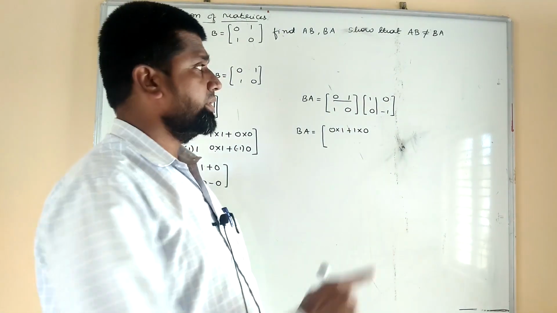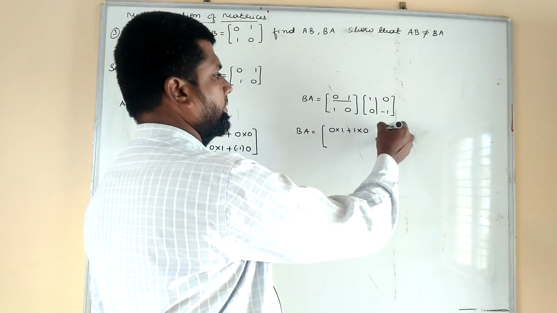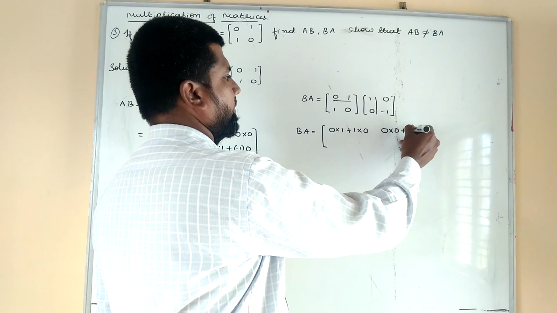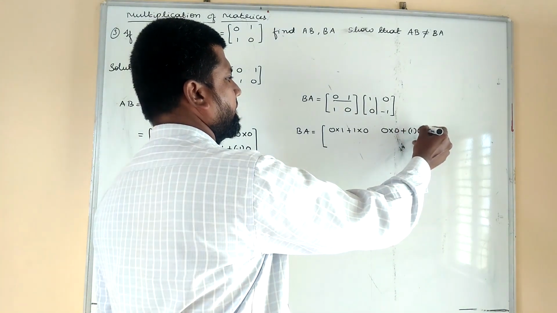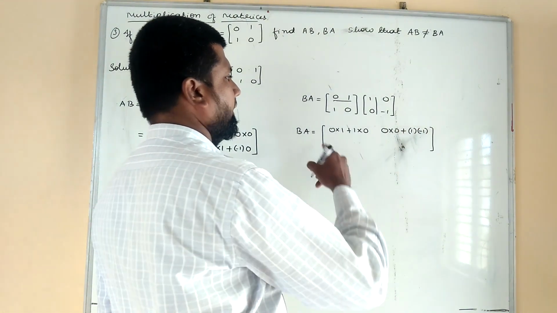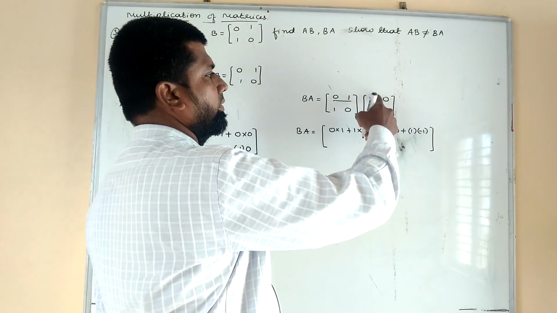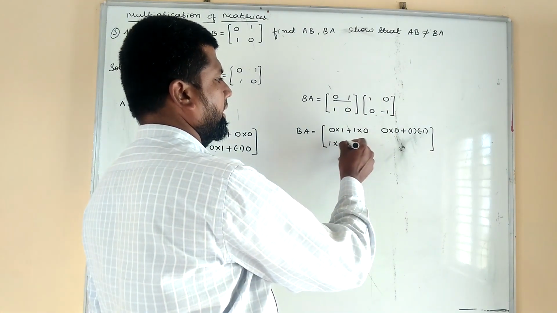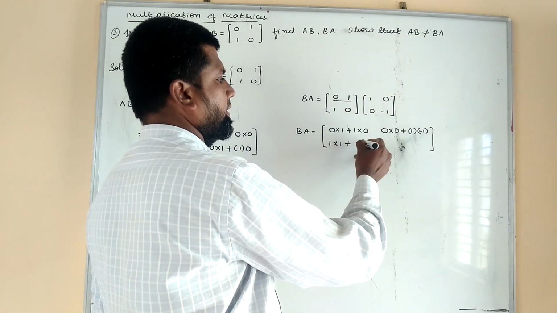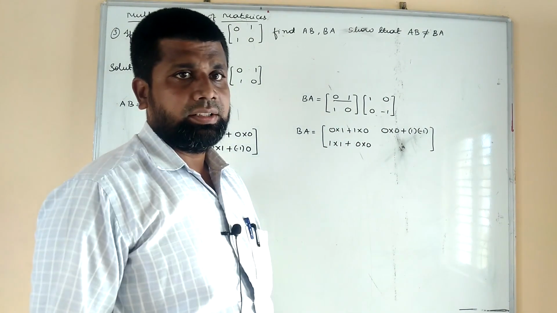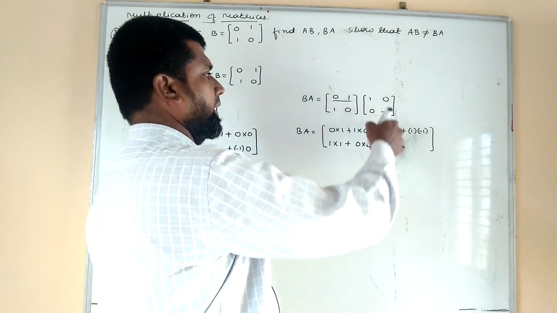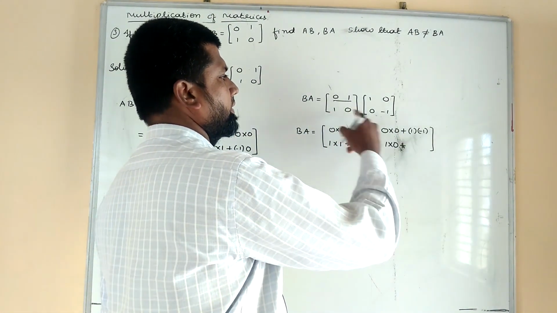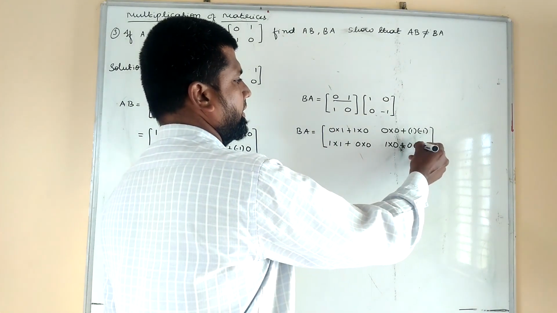Then first row, second column, 0 into 0 plus 1 into minus 1. Then second row, first column, 1 into 1 plus 0 into 0. Then second row, second column, 1 into 0 plus 0 into minus 1.